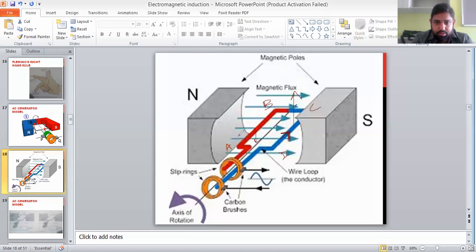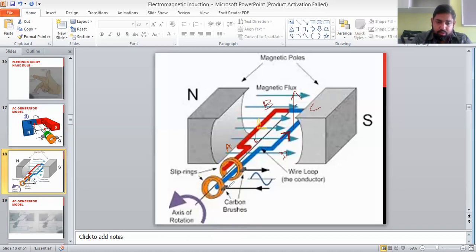So this is the direction of current in wire CD, D to C, and AB, B to A. So current is coming from D to A to this ring, and in CD current is coming from the ring to D to C. Okay, so if you see the connections here, this red wire is connected to the first ring and the blue wire is passing through the first ring but not touching it, and it is touching the second ring.